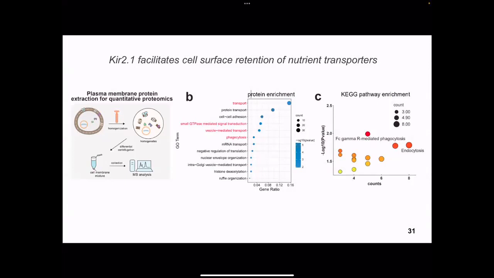These proteins are mainly enriched in membrane trafficking, including vesicle-mediated transport, endocytosis, and phagocytosis. This suggests a contribution of endocytosis to the depolarized membrane potential-induced loss of cell surface nutrient transporters, which is consistent with the view that nutrient uptake is usually tightly controlled by the dynamic membrane trafficking of such transporters.